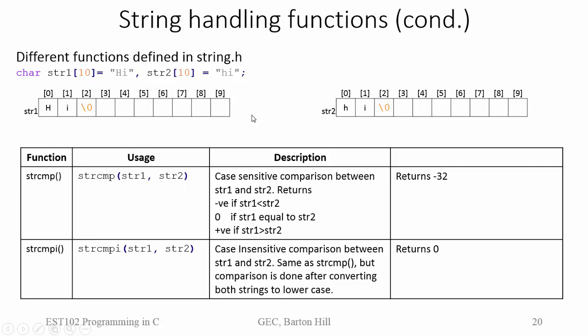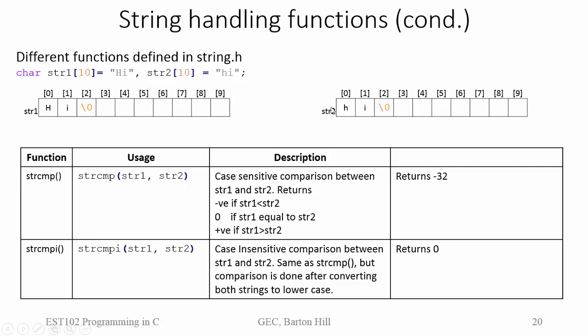Now just consider that if both the elements at index 0 were the same, in that case the difference between their ASCII values would have been 0. In that scenario, both the indexes of str1 and str2 advance, and then the ASCII values of the elements at index 1 of str1 and str2 are considered and their difference is taken.